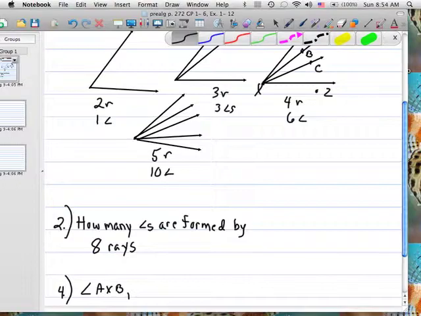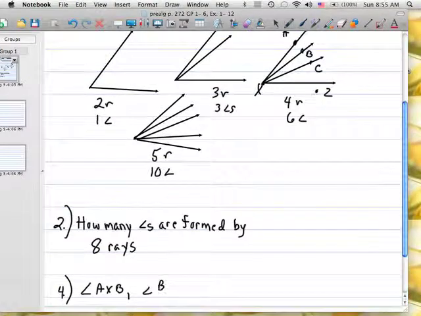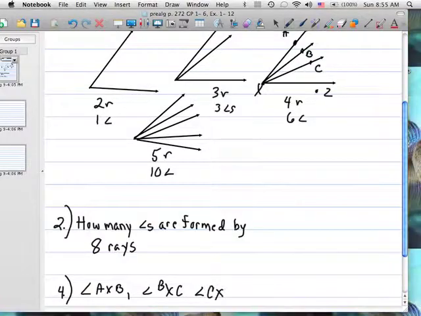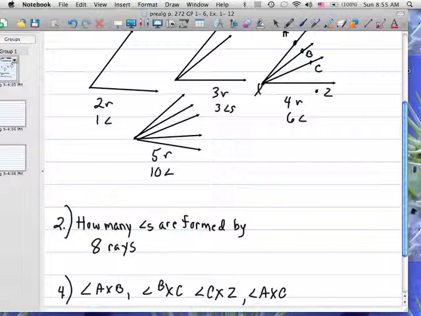I'll go back. All right, I have the small angles, AXB, angle BXC, and angle CXZ. Then I have an angle AXC, these are the larger ones, and BXZ.